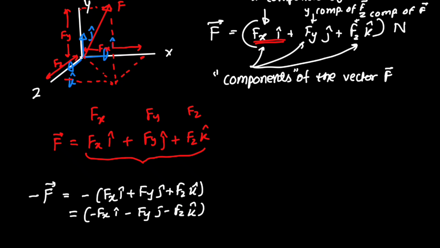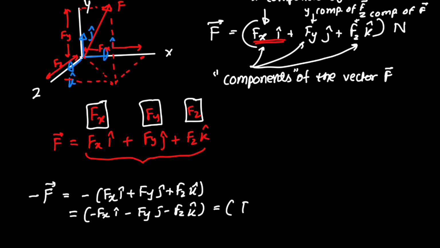Now you have to hold on a little bit. I told you that fx, fy, fz are nothing but magnitudes. Length is a magnitude, so there is no concept of negative length. So whenever you have a negative sign in front of a vector, the only thing that you can do is associate that negative sign with the direction of the vector.